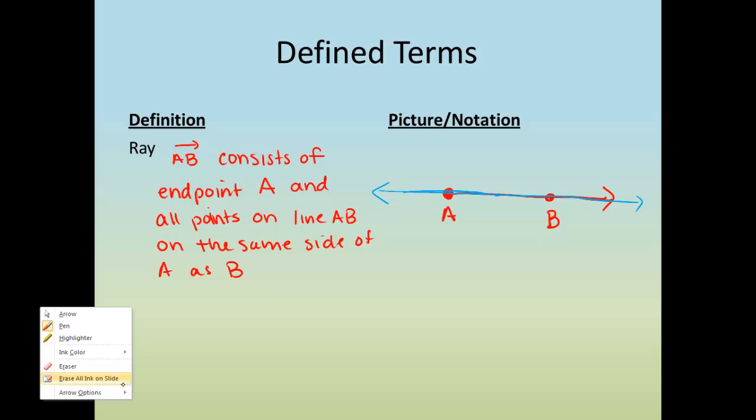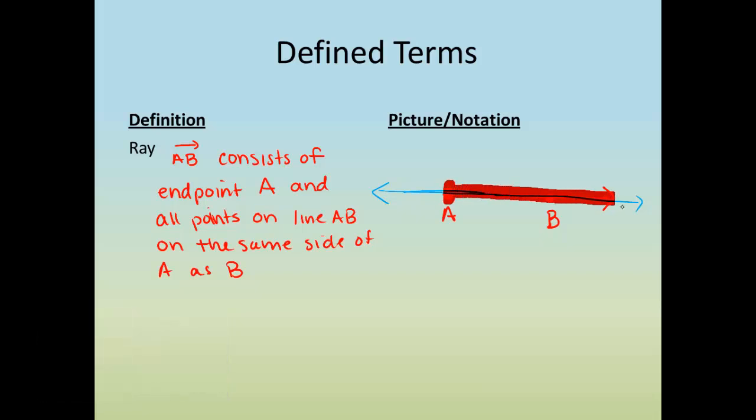But if we're talking about ray AB, then I'm actually talking about starting at endpoint A and only in the direction of B. So that's what this means as the same side of A as B. So if I'm talking about the ray, we're starting at A and we're going all the way to B. That doesn't mean there aren't points over here. There are tons of points on this side, but they are not part of ray AB. So we would call this ray AB.